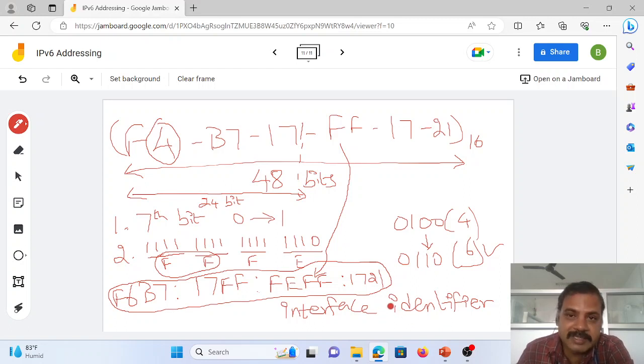The original MAC address is 48 bits in length, but we have derived the interface identifier from this 48 bits by adding the number FFFE and by changing the 7th bit from 0 to 1. So by using these two techniques, two ways, we can derive the interface identifier for IPv6 from EUI and MAC address. Thank you.